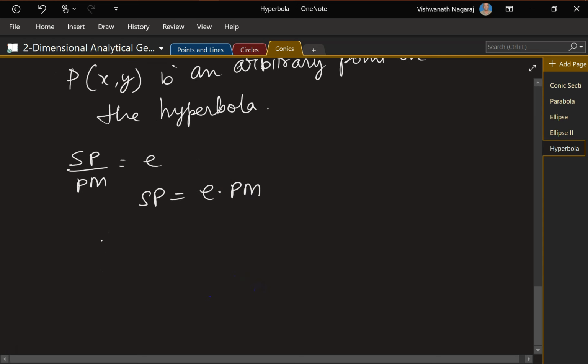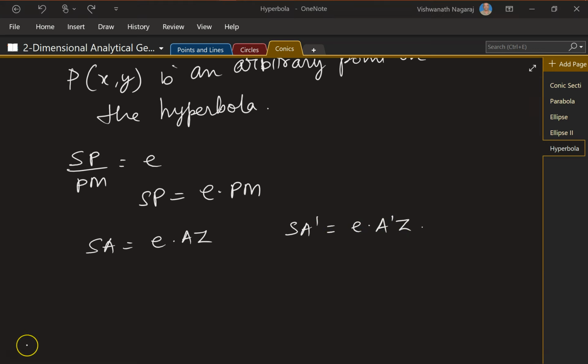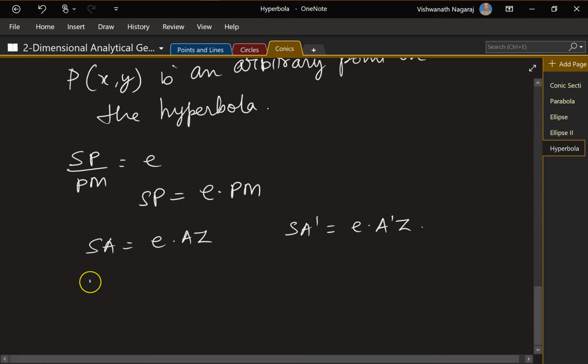Now previously we had seen that SA is E dot AZ and SA prime is equal to E dot A prime Z. If you look at the figure, SA can be written as OS minus OA is equal to E times AZ, which can be written as OA minus OZ.